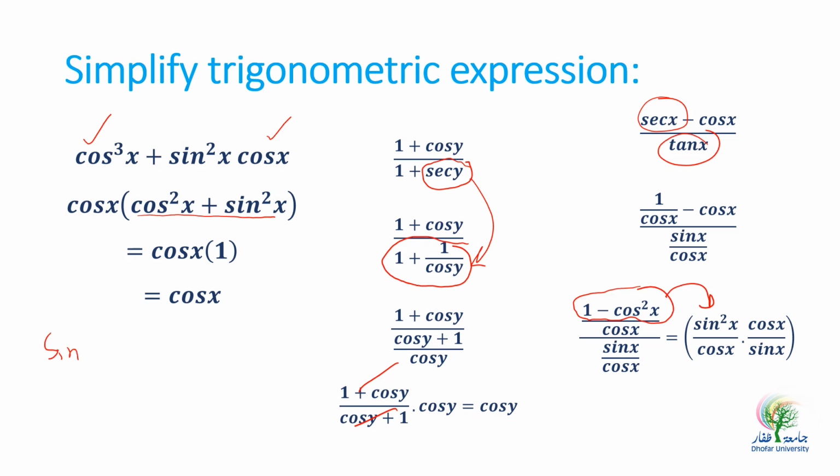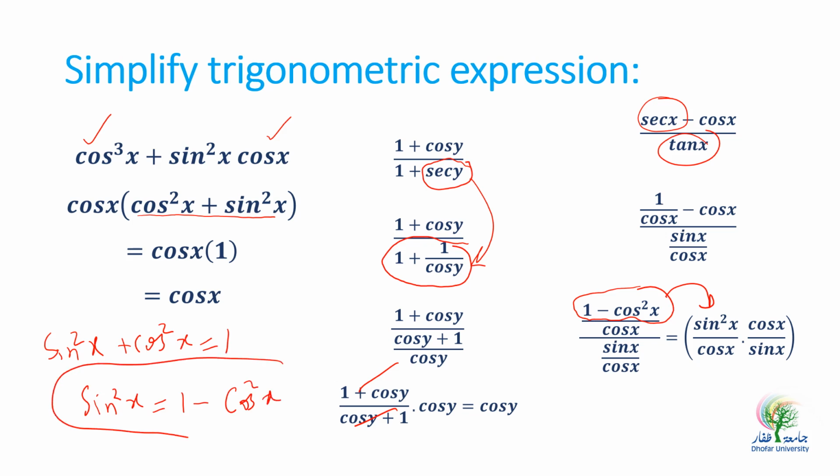Because we studied sine square x plus cosine square x equals 1, so sine square x is 1 minus cosine square x. We replace it like that. Now here we have sine and here we have 2, so the square will cancel and cosine will cancel, and the answer will be sine x. So this is simple. The answer is sin x.